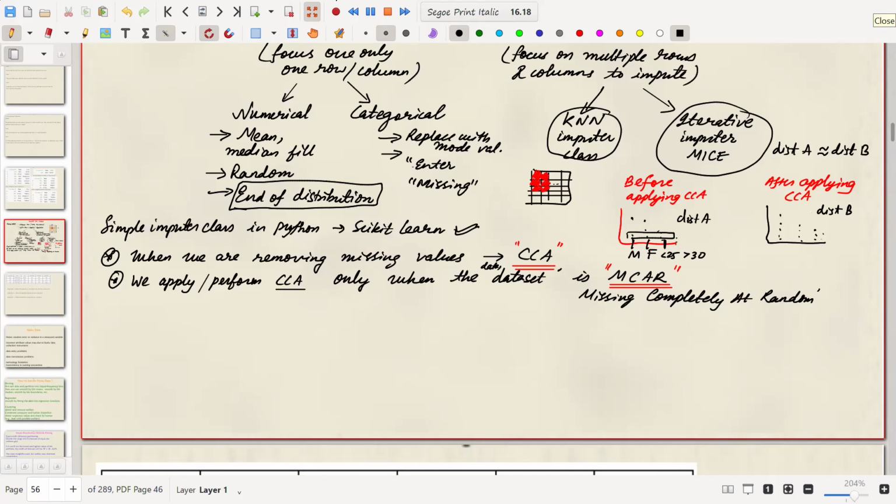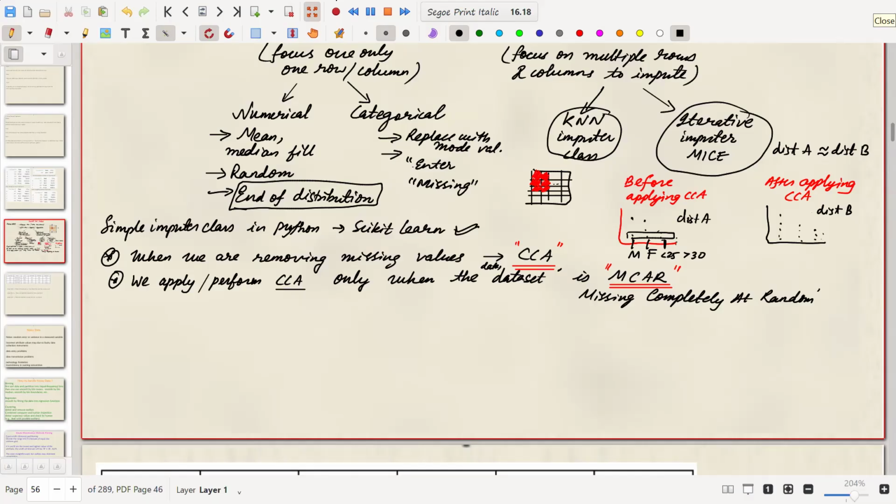That we will see with a particular example in Python. I will show you the two distributions in a particular dataset, we'll import it from GitHub, and you will see that they are matching. The distribution before applying CCA and after applying CCA is kind of matching. So therefore applying CCA is good, like in those examples.